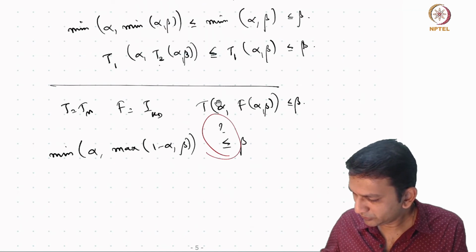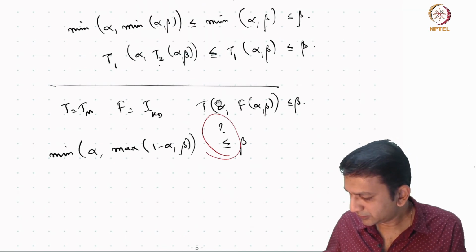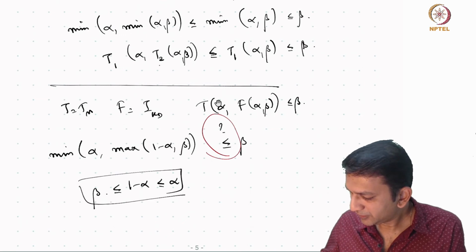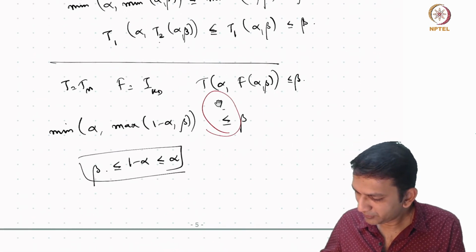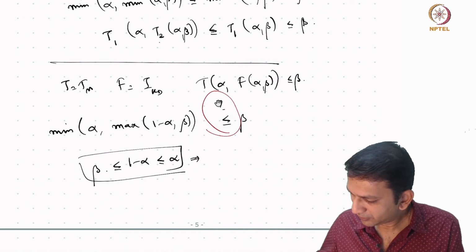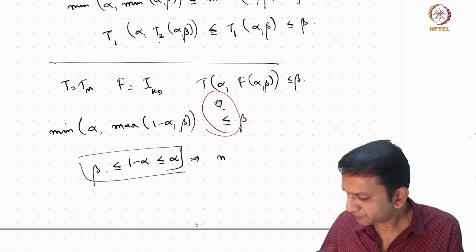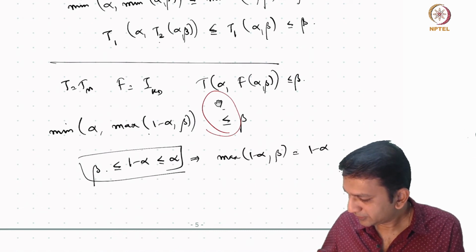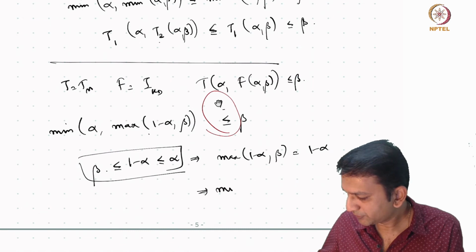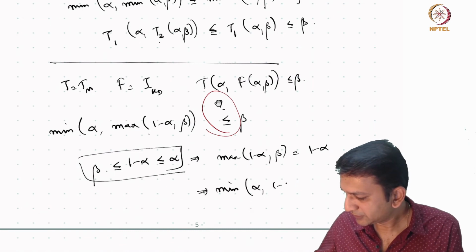This is the question that we are asking. But easily it can be shown that, let's assume that the alpha given to us is such that 1 minus alpha is less than or equal to alpha, and we pick a beta from here. For this pair of beta comma alpha, max of 1 minus alpha comma beta is in fact 1 minus alpha. Then min of alpha comma max of 1 minus alpha comma beta is in fact equal to min of alpha comma 1 minus alpha.